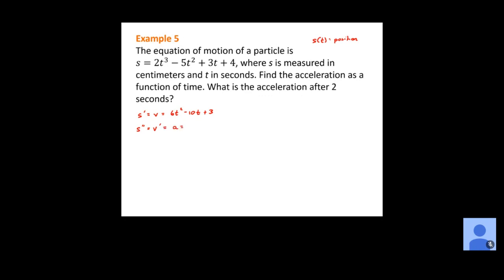So what is that second derivative going to be equal to? Perfect, 12t minus 10. Any questions on finding the acceleration function?